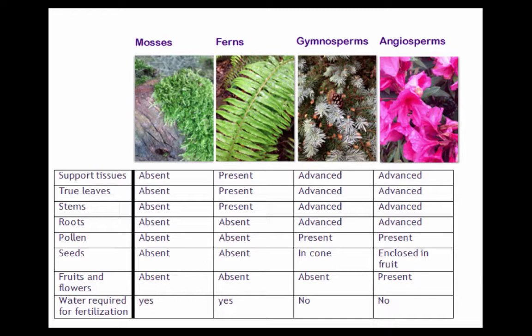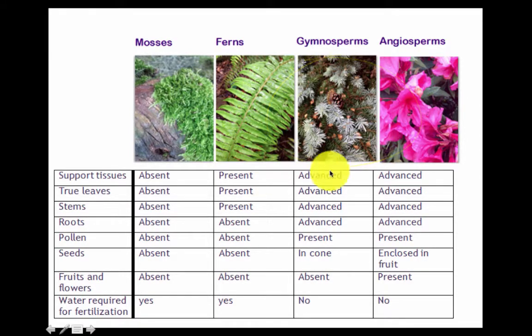It's very in-depth information, but other classes will cover this. But I want you to be able to ID ferns when you see them outside in the garden. So it's important to know that no, they do not produce flowers or fruits, and yes, they do require water to get fertilized. Okay, now we're going to move on to gymnosperms, or cone-bearing plants.